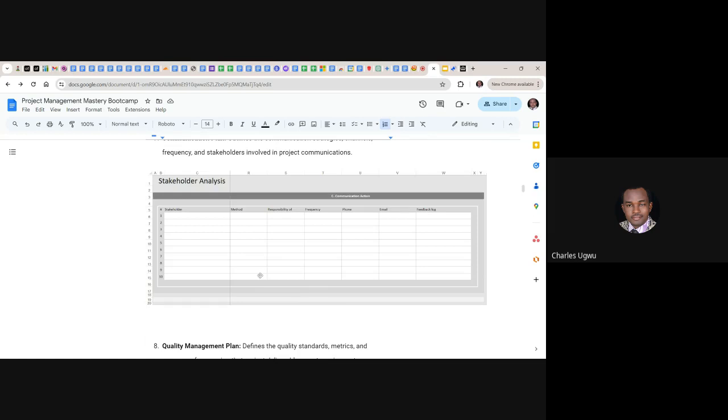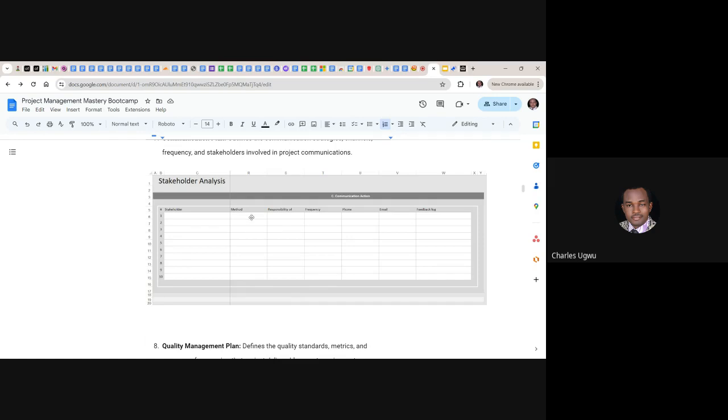using this document, you have to identify the stakeholder and their method of communication. Here you capture the method of communication, email or phone number or whichever, let's say email.